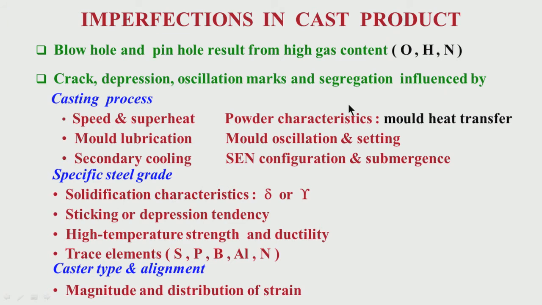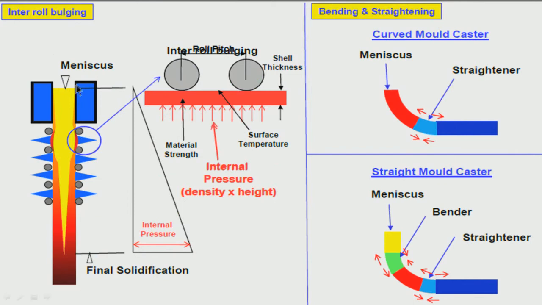a lubricant. Powder will melt, it will generate slag, mold slag, which will get inside the mold. Inside the mold means at the interface between the mold and the shell.